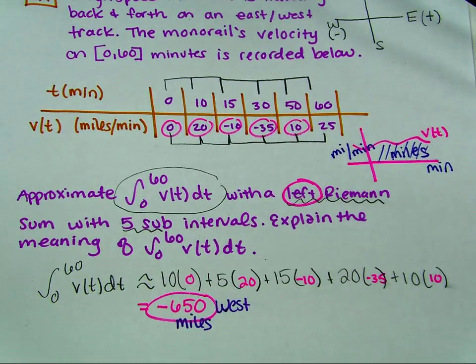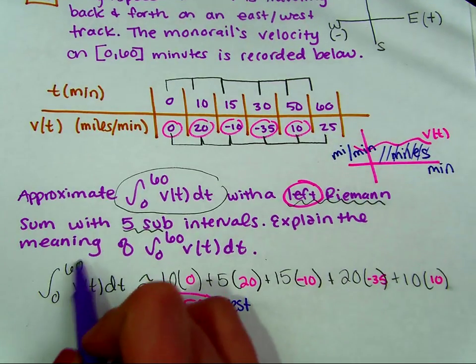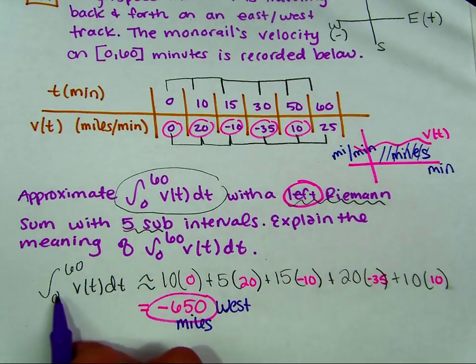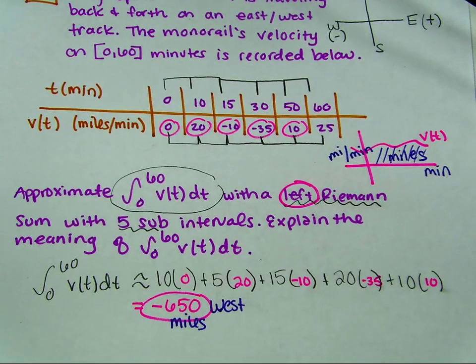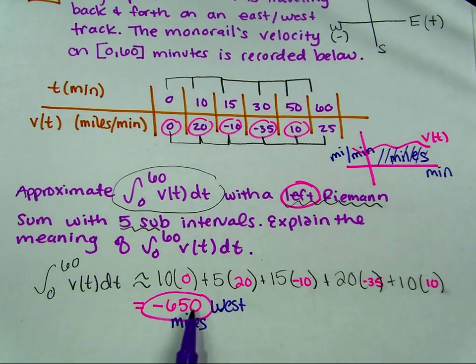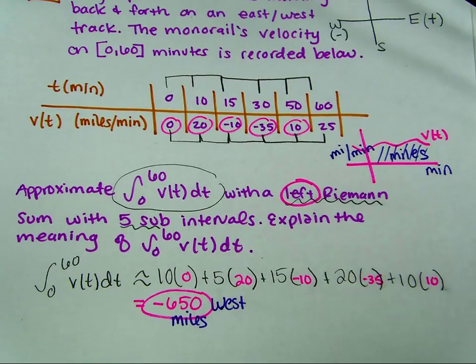All right, and that's really the position of the monorail. It went 650 miles west of where it started. Basically, it's how it changed on that interval 0 to 60. So they never told us where it was at a time of 0, but wherever it was at a time of 0, it is now 650 miles west of that point.